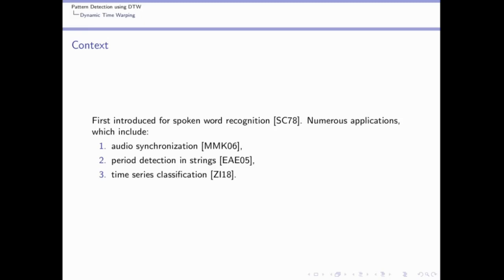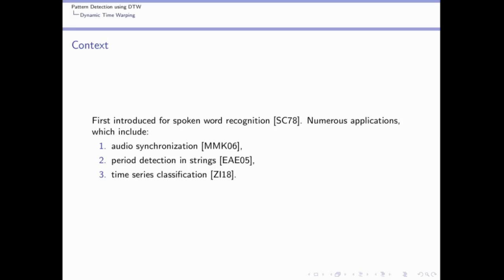So for audio synchronization, the idea was that the authors had different tracks, so different realizations of the same song. Think of a concert version and the studio version of the same song, and they wanted to basically cluster them according to that similarity and recover the clustering given by our two tracks, two realizations of the same song.